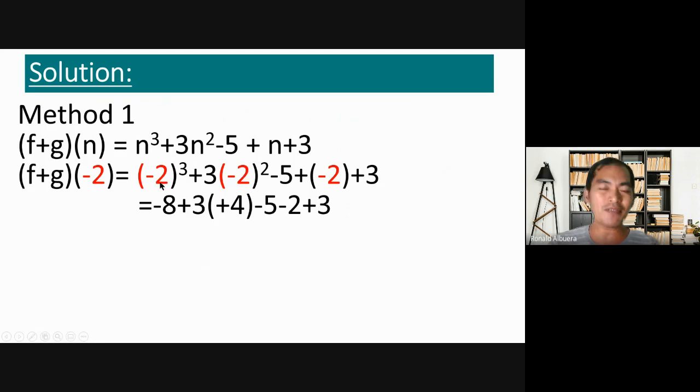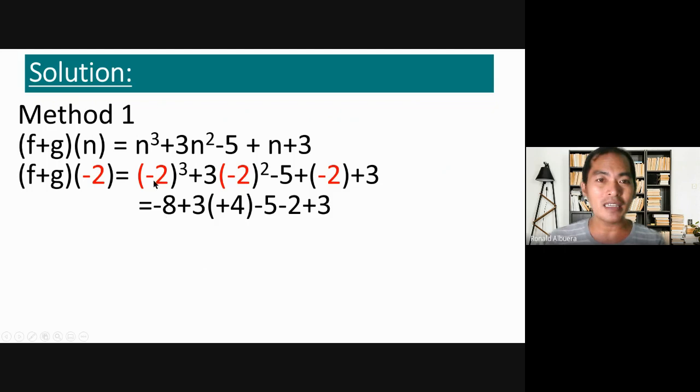And then we simplify, negative 2 cube, ang ibig sabihin, negative 2, i-multiply sa sarili tatlong beses. Negative 2 times negative 2 is positive 4, times negative 2 is negative 8. Because in multiplication, when you multiply, maraming signs, bawat dalawang negative or parihong sign, the answer is positive.